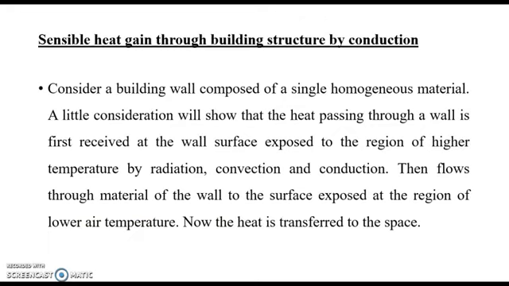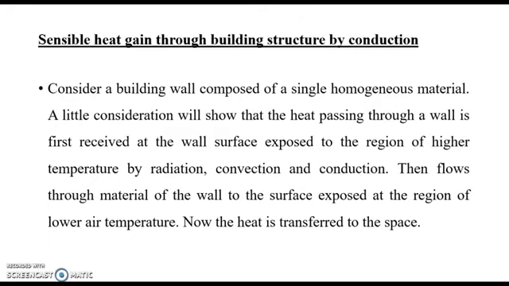Here, the first one is the sensible heat gain through the building structure by conduction. It's like a normal conduction problem. So consider a building wall composed of a single homogeneous material.